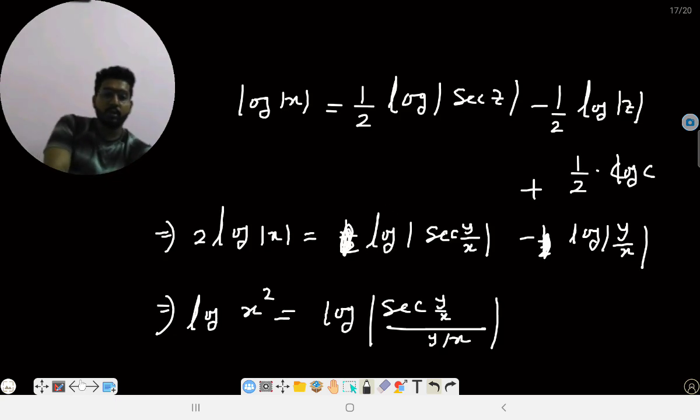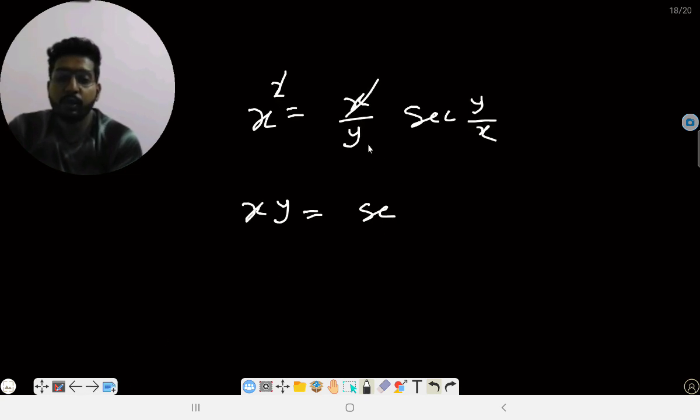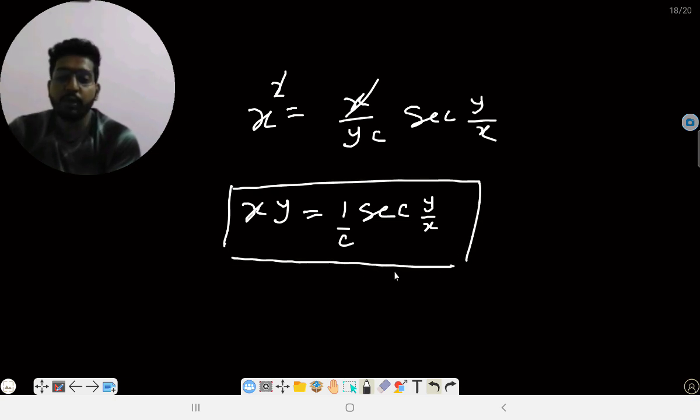Now there is a constant, yes, there was a constant term also, that was log c, so here it will be c into this one. So one constant term will be there, so it will be c, like this, 1 by c sec y by x. So that will be the answer. At the end that will be the differential equation.